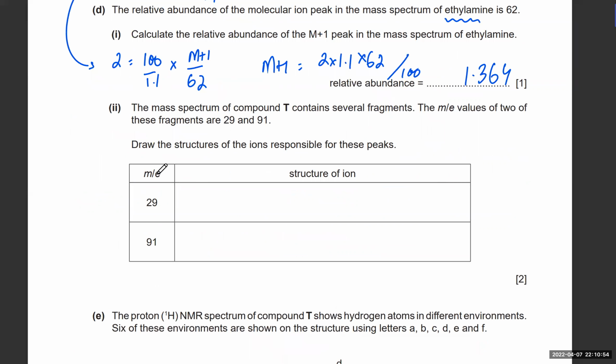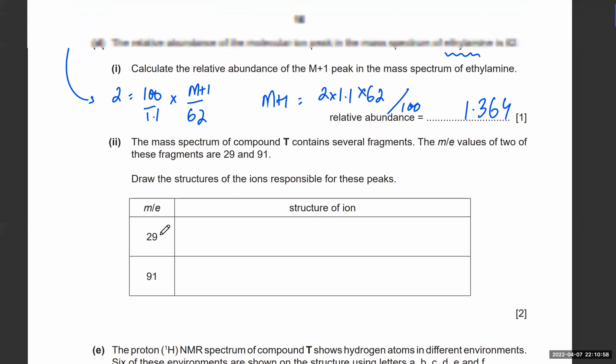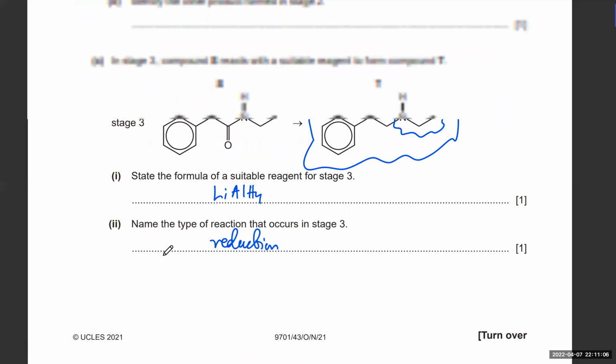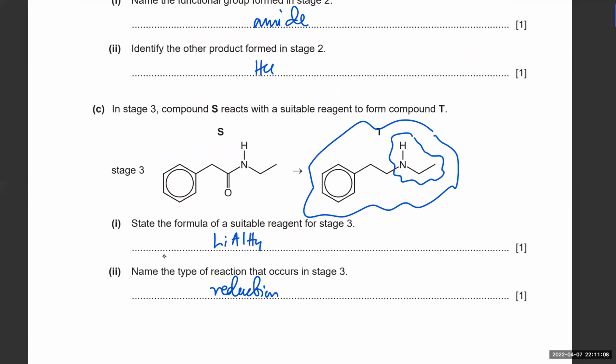There's a peak at 29 and a peak at 91 as well. So you have two fragments, one at 29 and the other at 91, and you have to identify them. Try and identify what's 29.